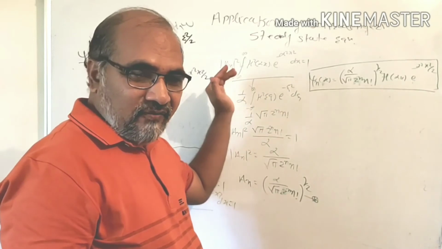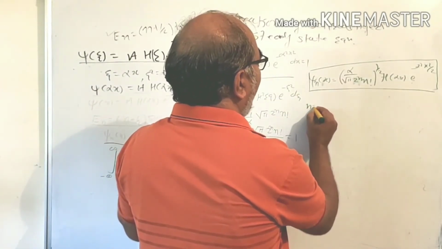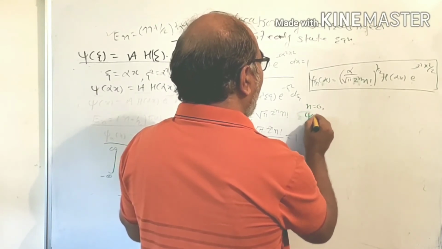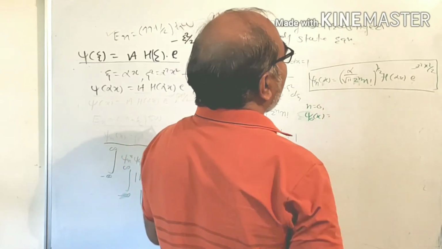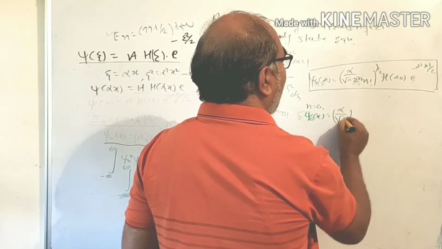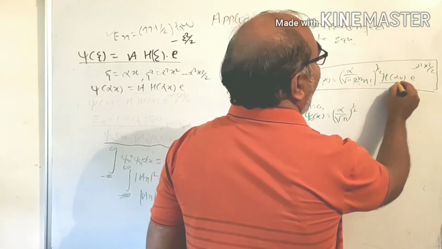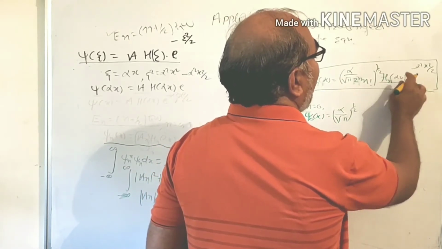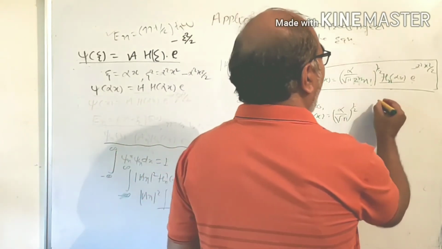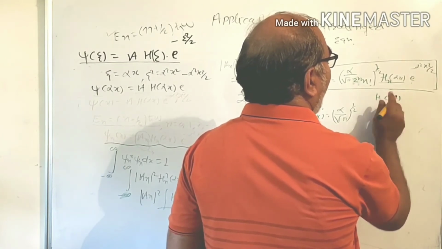So the corresponding wave function and energy: first we put n equal to 0 here. So this ψ_0(x) becomes α divided by root π raised to 1/2, which remains as 1, and this H_n(αx) for n equal to 0.